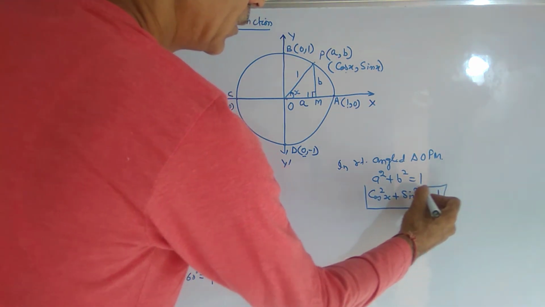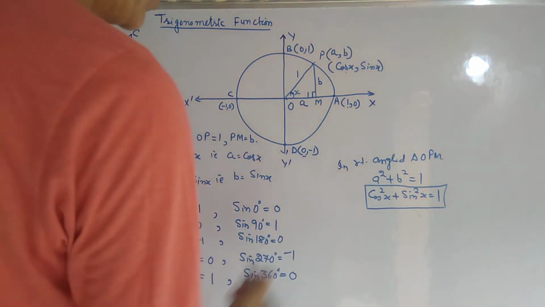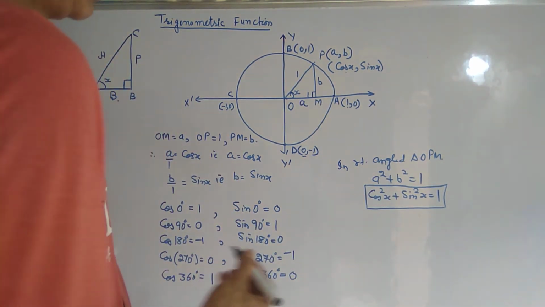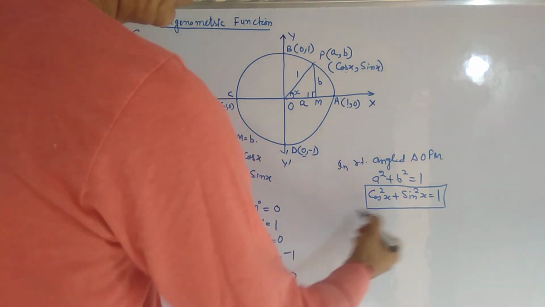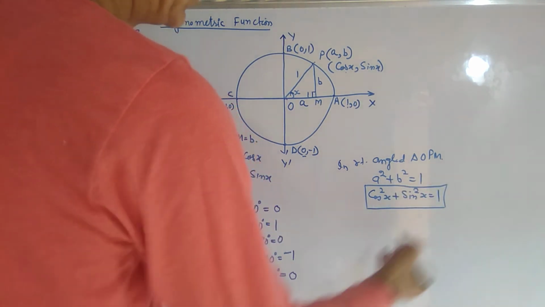This is a trigonometric identity. Similarly, we can find, if we divide both sides by cos square x, then this becomes tan x.